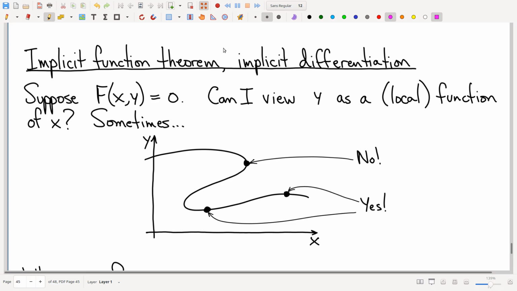So a couple different ways you can view the question. On the one hand, you have a curve, and maybe you're viewing it as being a level set, aka you're viewing it as being the solutions to an equation. But I want to know, can I view this as a graph? I want to know, can I solve for y as a function of x? And notice in here, y is not a function.